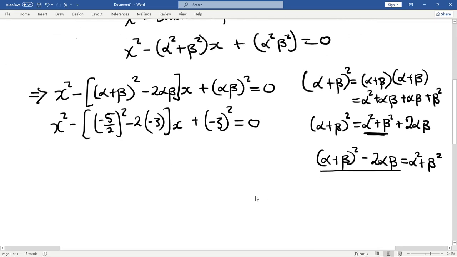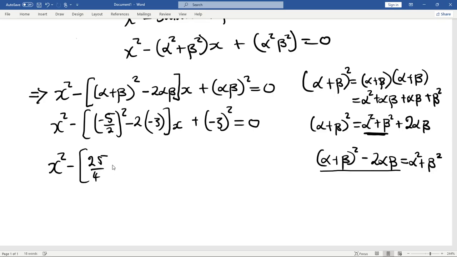Okay, let's simplify this equation. We have x squared minus open brackets, negative 5 squared, we get 25; 2 squared, we get 4; plus negative times negative, we get a positive number, so plus 6. Then we have x, then negative 3 squared, we get 9, equal to 0.